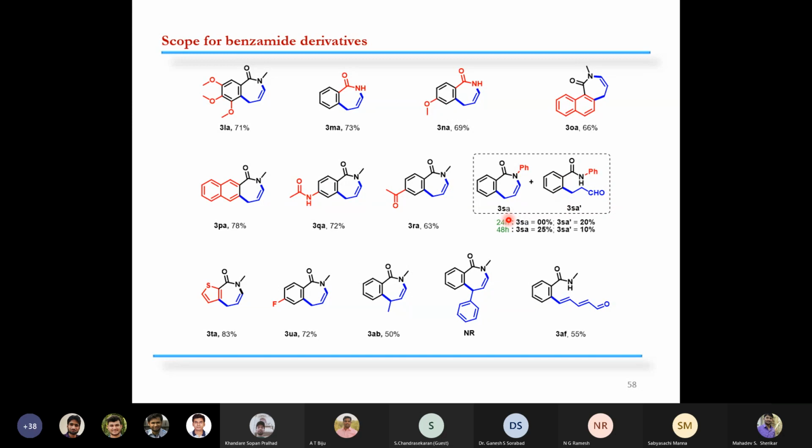This reaction was at 24 hours. So the same reaction we repeated at 48 hours, and we found the formation of benzolactam by 25% and 10% of this hydroxyalkylated product. This means that this benzolactam is forming via this hydroxyalkylated intermediate.